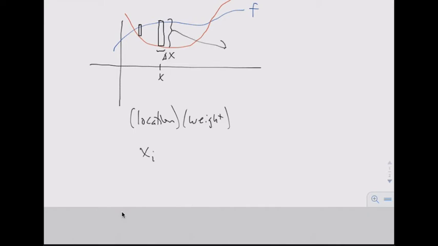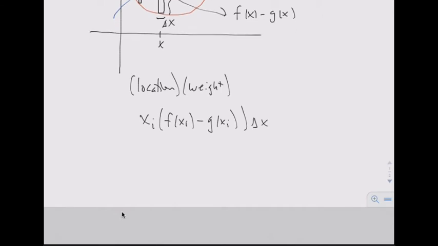So this would be f of x minus g of x. We have two dimensions to get the area, so this is simply f of x sub i minus g of x sub i times its thickness, which is delta x.